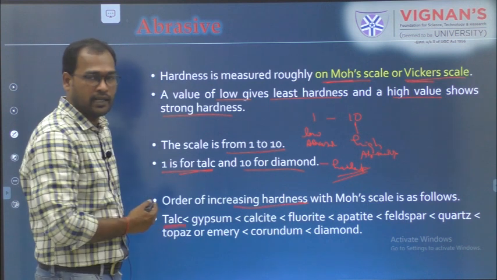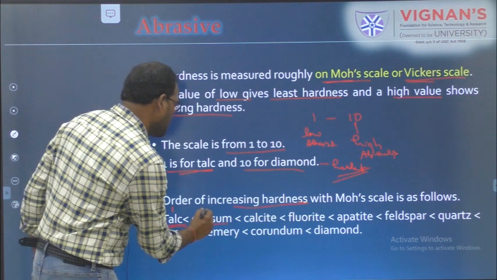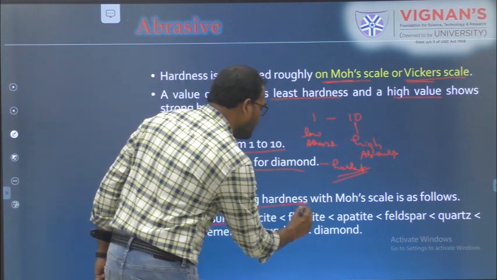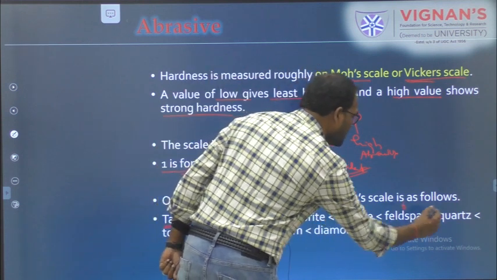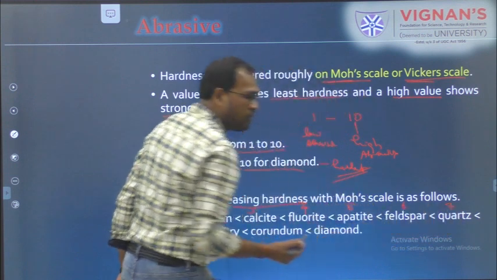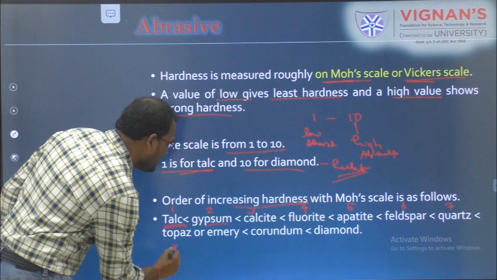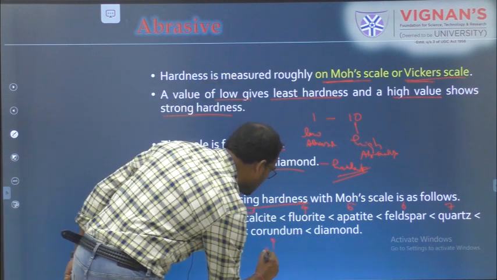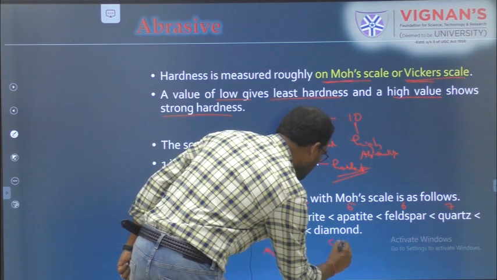The least one is talc. Next comes gypsum. So talc has been given 1, gypsum 2, calcite 3, fluorite 4, apatite 5, feldspar 6, quartz, which is a pure form of silica, 7, topaz 8, and corundum 9, and corundum is nothing but Al2O3, alumina, and diamond, which is carbon, is given 10.